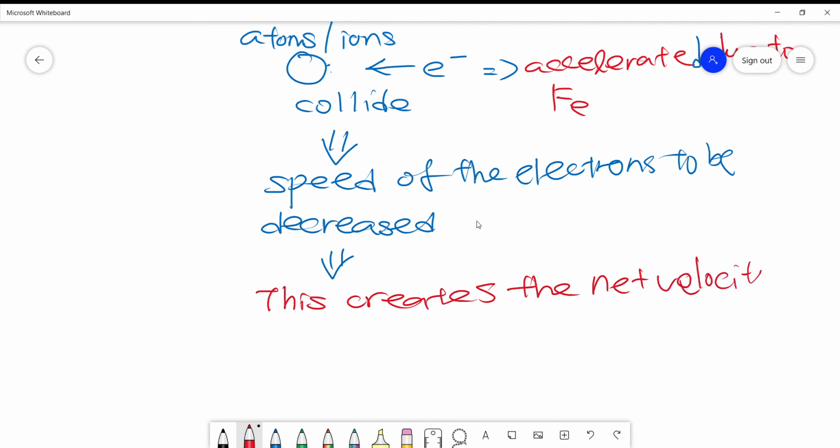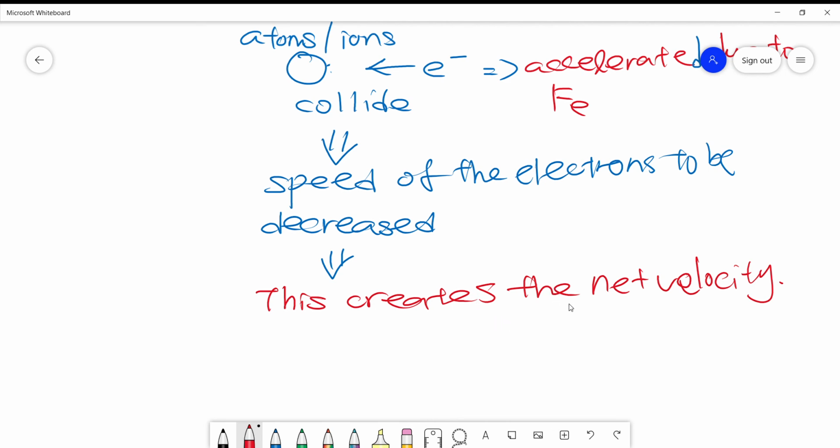As we can see, the speed of the electron is decreasing due to the collision between the electrons and the atoms, or ions. The decrease in the speeds of electrons can create the net velocity.